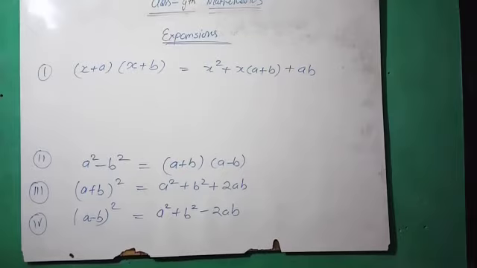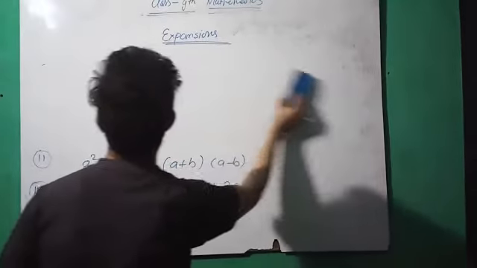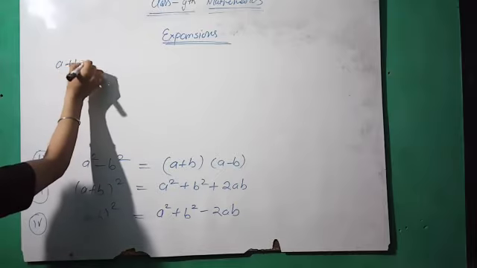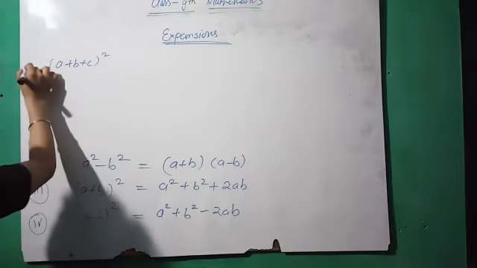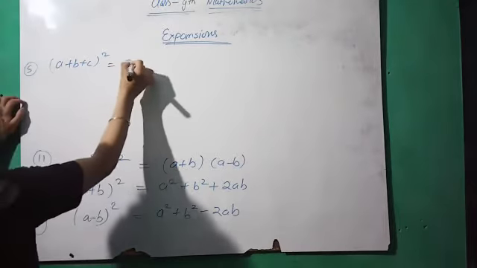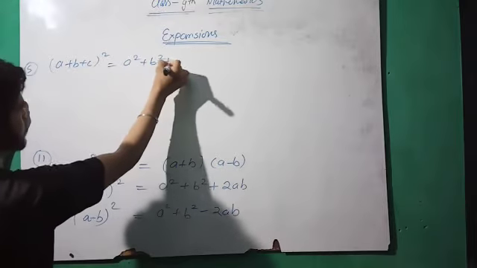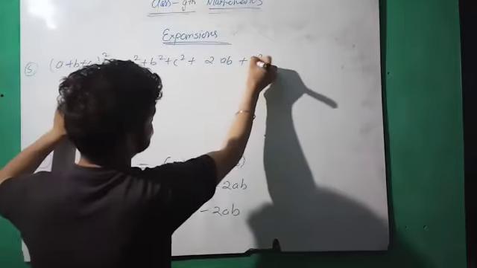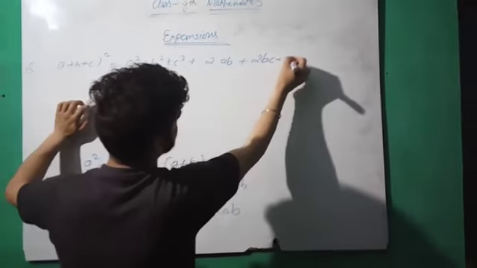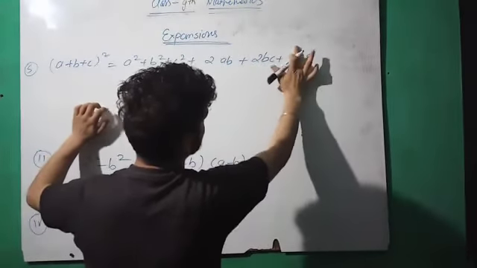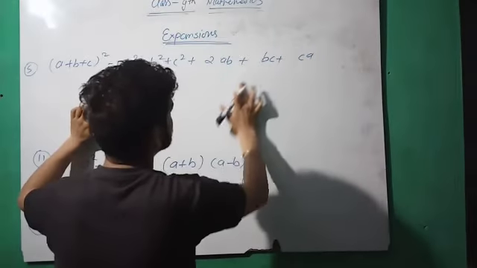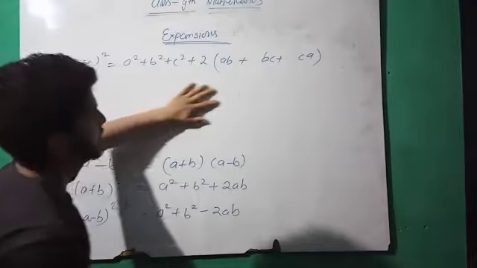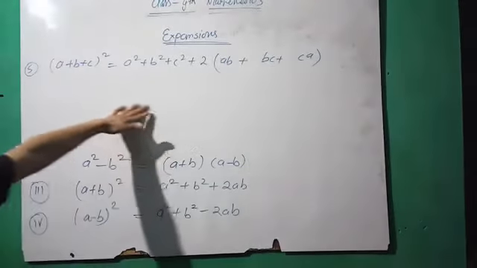Then formula number five is a plus b plus c whole square, equal to a square plus b square plus c square plus 2ab plus 2bc plus 2ca. If you take 2 as common, here we have ab plus bc plus ca.